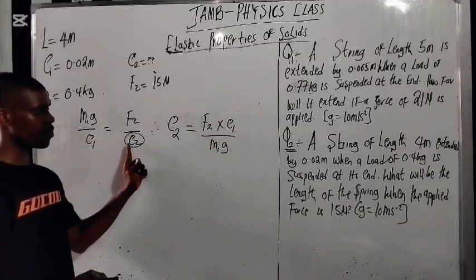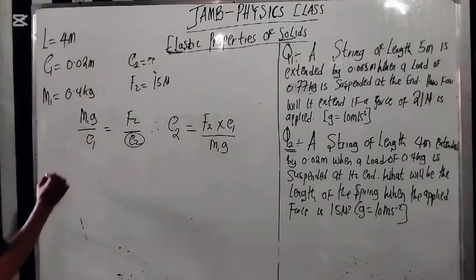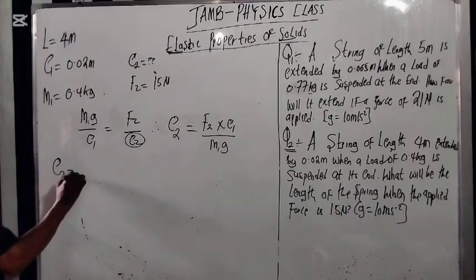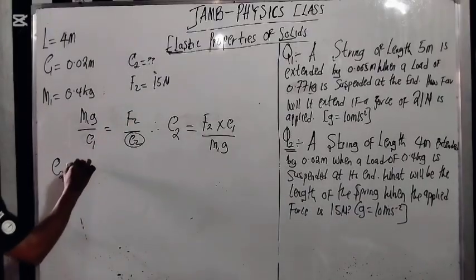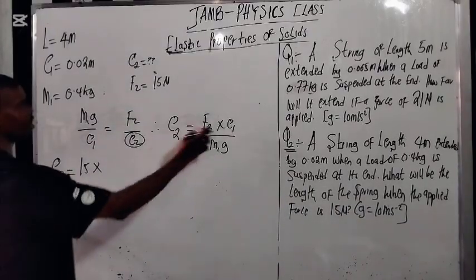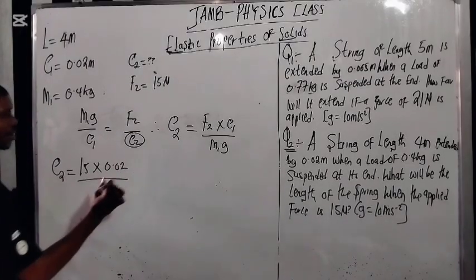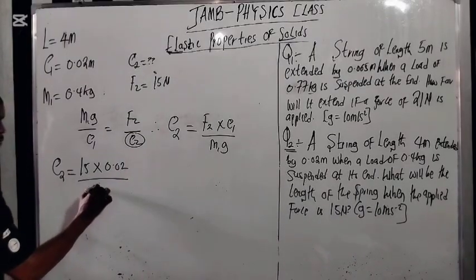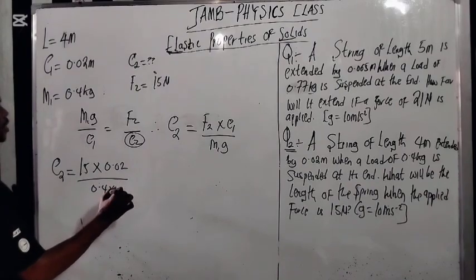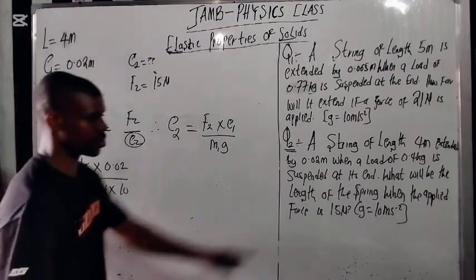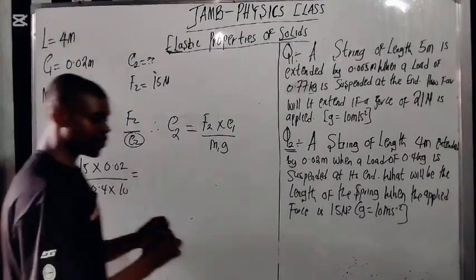Now we input our values. E2 equals F2, which is 15, times E1, which is 0.02, over M1, which is 0.4, times G, which is 10 meters per second squared. Let's use our calculator.